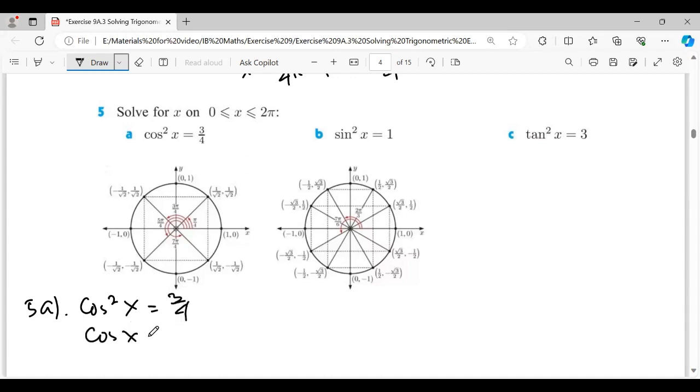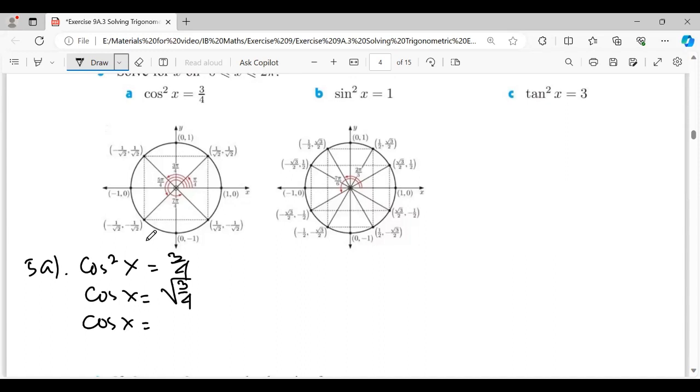So cosine x equals square root 3/4, or cosine x equals plus minus square root 3 half, because square root 4 equals 2.